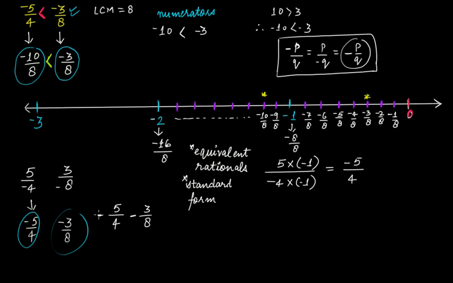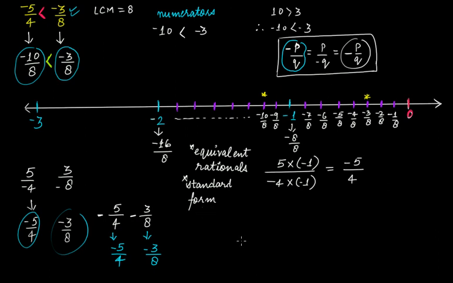Whenever you are dealing with this condition, always think of this: your negative sign goes with the numerator. So this becomes minus 5 over 4 and this becomes minus 3 over 8, right? Now can you see the same thing? Minus 5 over 4 and minus 3 over 8. So proceed with the same steps that we have followed till now.